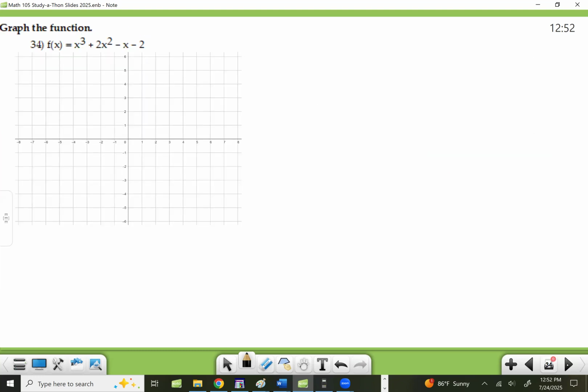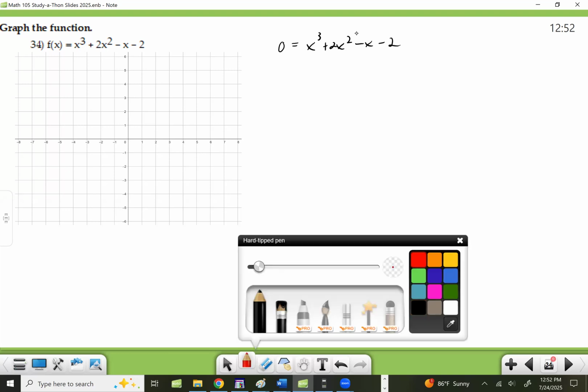34, graph the function. Okay, so there's probably 3 things that I'll probably use on this, okay? Number 1 is finding the zeros. And in order to find the zeros on this, we can see that we have 4 terms, right? 1, 2, 3, and 4. We said usually in that case, you slice it down the middle and you use factoring by grouping.